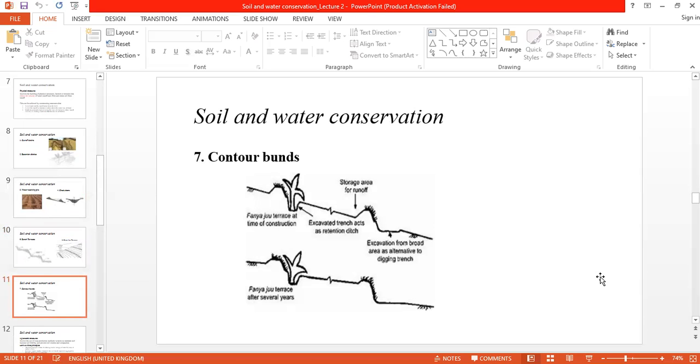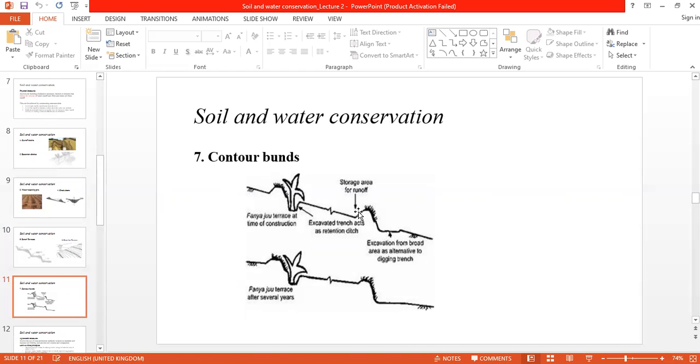So the next one is contour bands. Basically, if you have a slope, you dig and then make a contour, like a ridge per se, such that you are blocking the water which is flowing from this side.